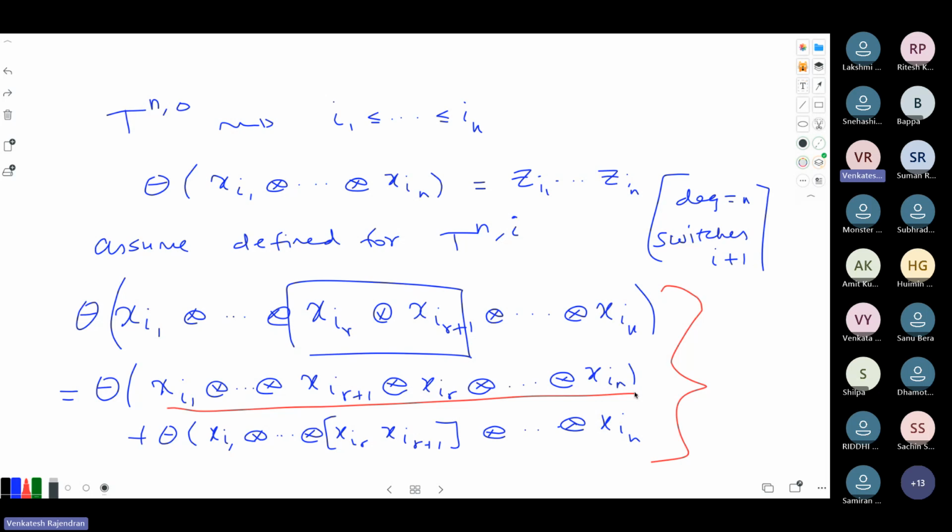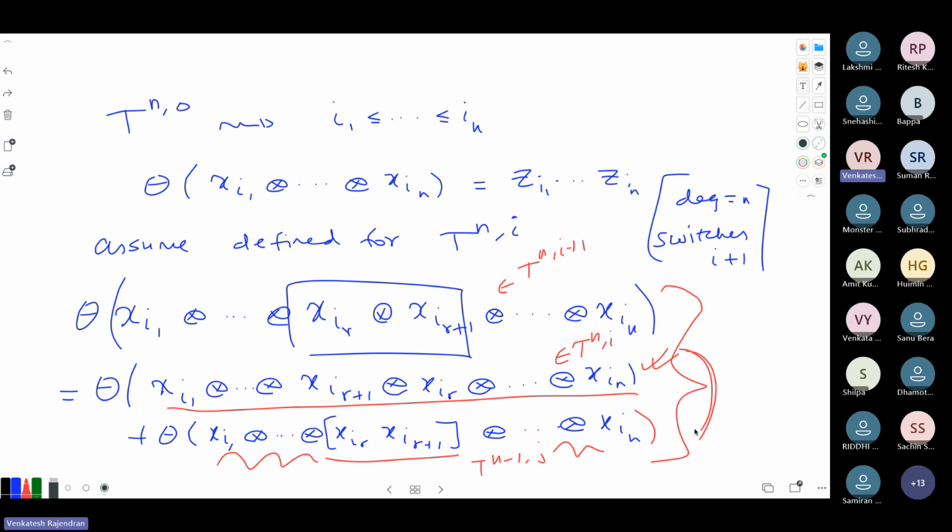So by induction, this is inside Tni, and this is in Tni+1, so by induction this is defined. Similarly, this other one is in Tn-1, whatever j. By induction, it has smaller degree, so this is also defined. So both are defined, and that way you can define theta, no issue.